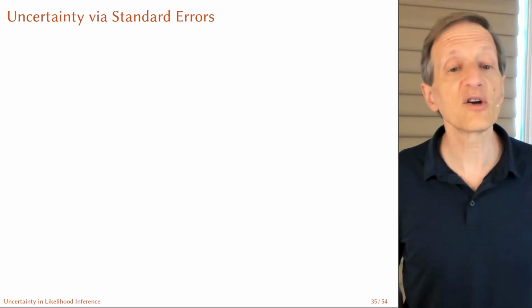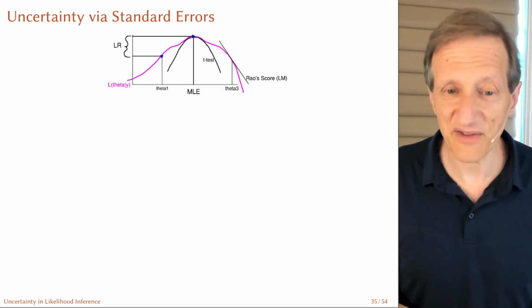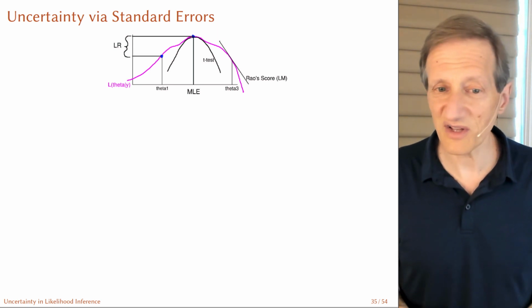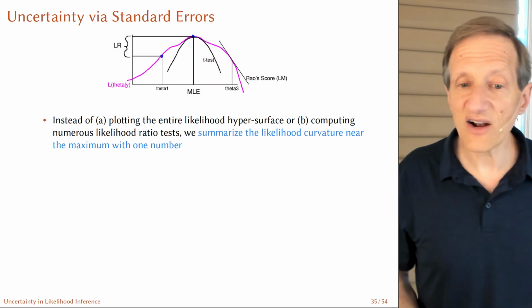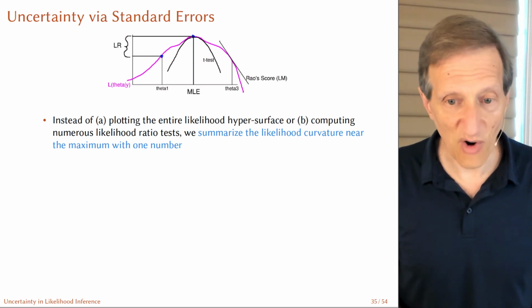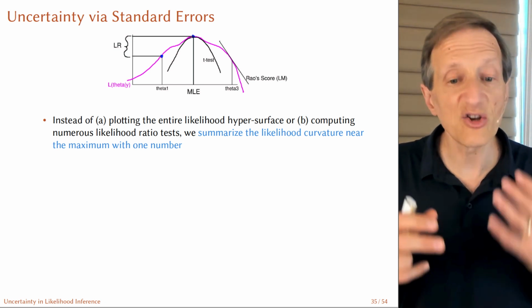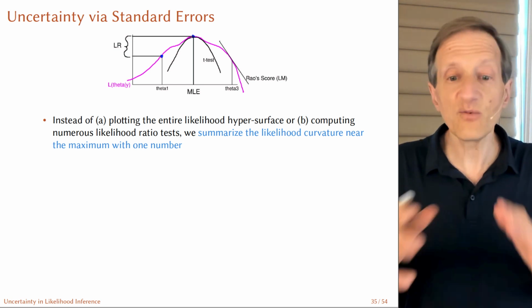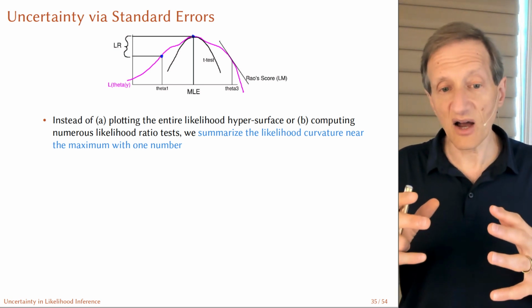And so we're going to talk about uncertainty via standard errors. So here's how we'll think about this. We'll go back to this little diagram. And instead of plotting the entire likelihood hypersurface, this is when we have lots and lots of parameters, or computing lots and lots of likelihood ratio tests, then what we could do is summarize the entire curvature of the likelihood near the maximum.